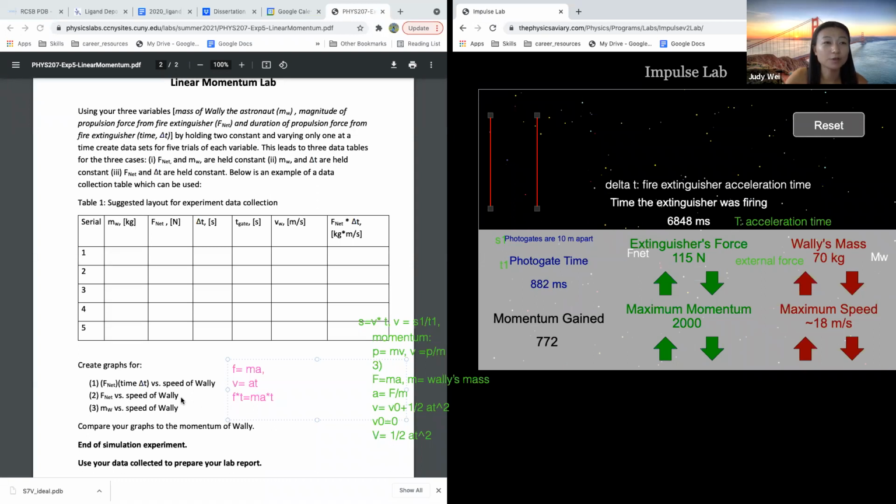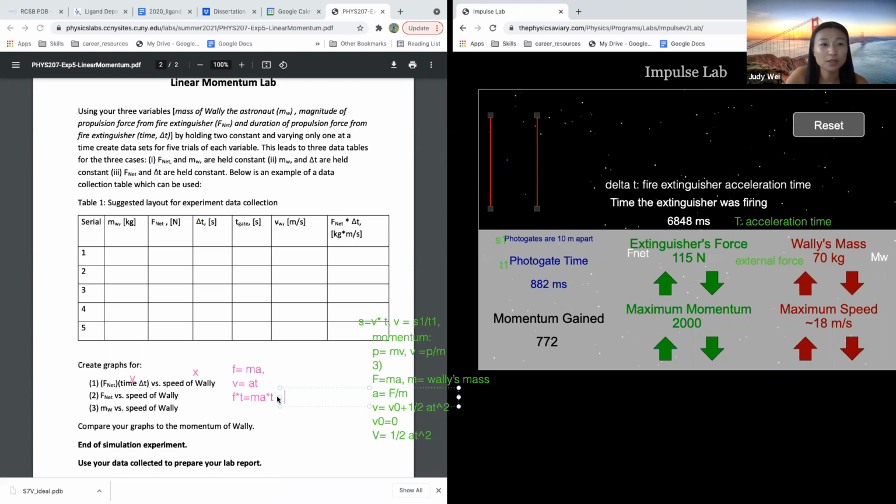And this is going to be the y-axis, and this is going to be the x-axis. So what we have to do is convert the y. The equation on the left has to be y, and the equation on the right has to be x, which is the speed of Wally.